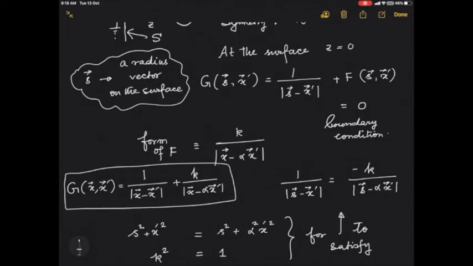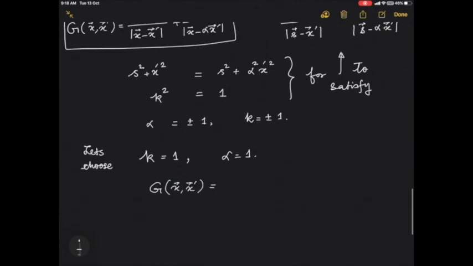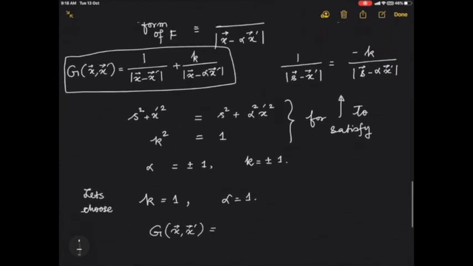Right, so this was G. Now let's take k equals minus 1, alpha equals 1.